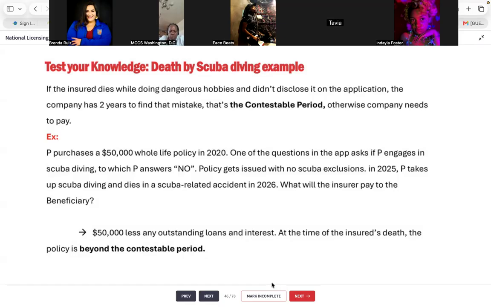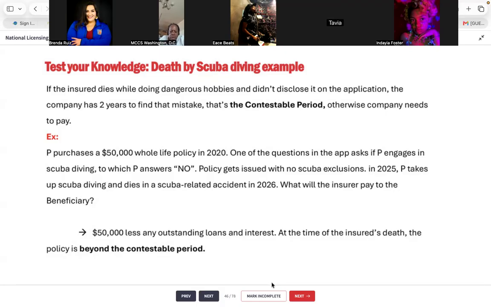After a 2 year contestable period, injury or death from illegal activity is okay? It is not okay because it is already written in the policy that illegal activities are not going to be covered. So it's already an exclusion.